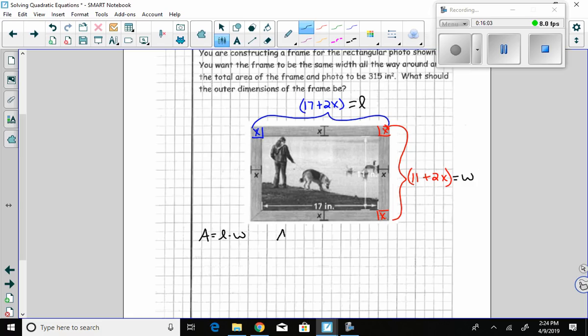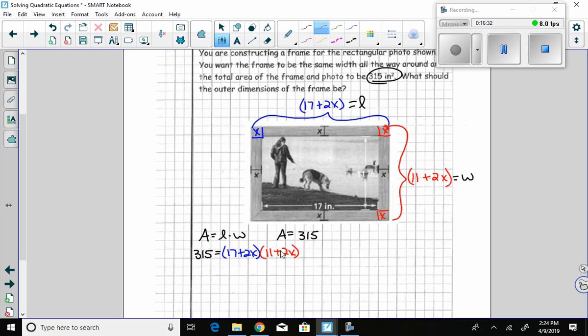I also know that area is 315, right? Given to me up here. So I'm going to say that 315 is equal to length, 17 plus 2x, times width, which is 11 plus 2x. You're like, oh, this is awesome. Not quite yet, because remember, it also has to still equal 0.